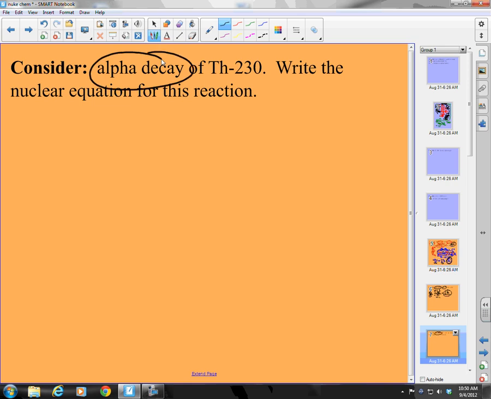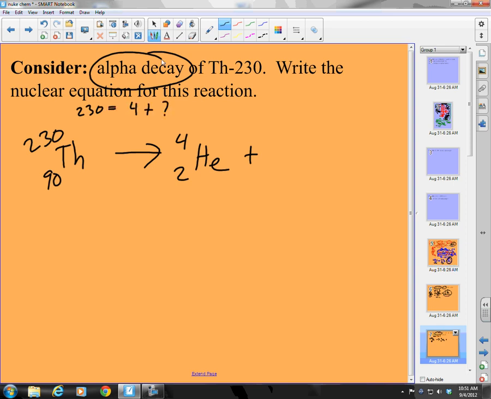We have alpha decay, right? That means I'm going to spit out a helium nucleus. What do I start with? I start with thorium-230. I look in my periodic table. Thorium is what? 90. And then I just start doing some basic math. 230 is equal to 4 plus my unknown. What's my unknown? 226. 90 equals 2 plus my unknown.